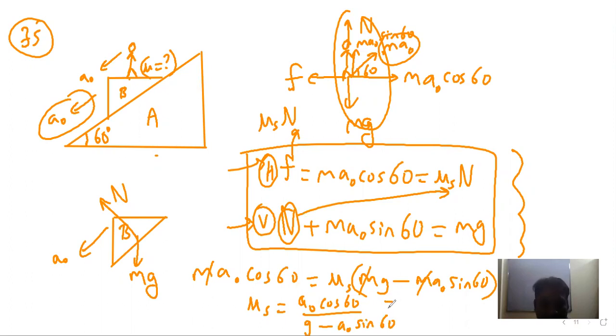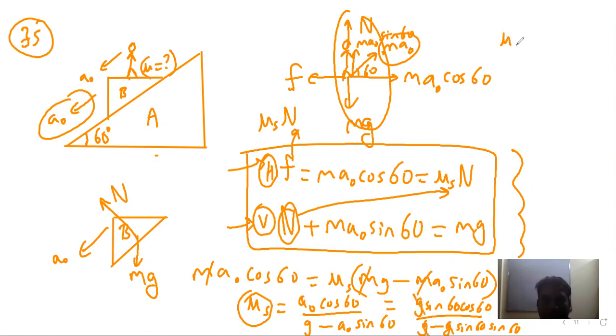Now acceleration a naught is g sine theta. So g sine 60 cos 60 upon g minus a naught, which is g sine 60 into sine 60. So we have to solve this equation, and on solving this equation, we'll get the value of mu s. So that will come out to be root 3 because g will cancel.